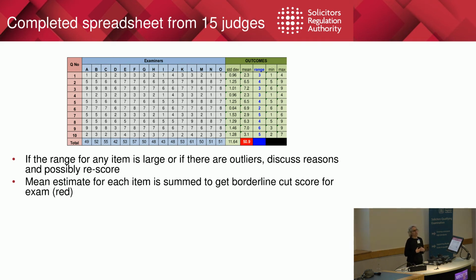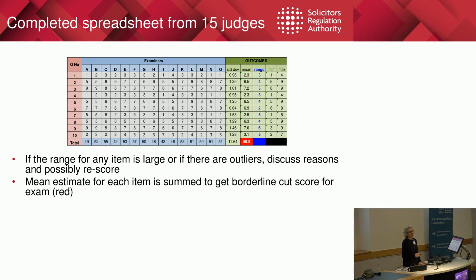You might ask people if they want to change their minds, but they don't have to. And you go through every single question on the paper that way. That is an internationally recognized way of setting the standard for an MCT. Does that answer your question?